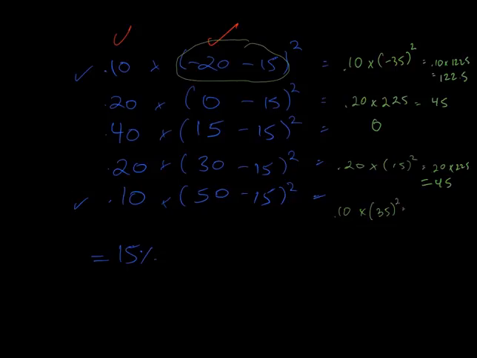You'll find out that 35 squared equals 1,225. Just happen to be working out with the same numbers we did earlier. And then you're going to multiply those together, and that's going to equal 122.5.